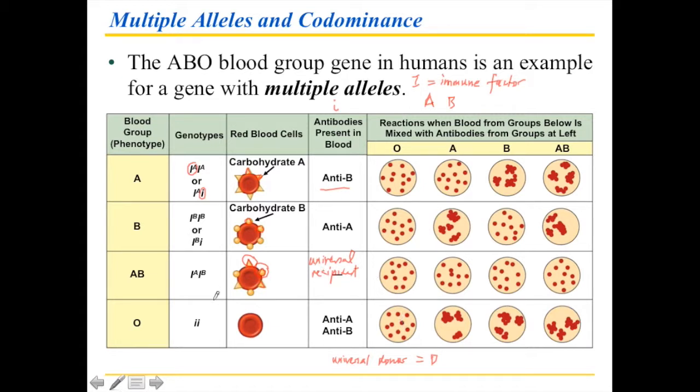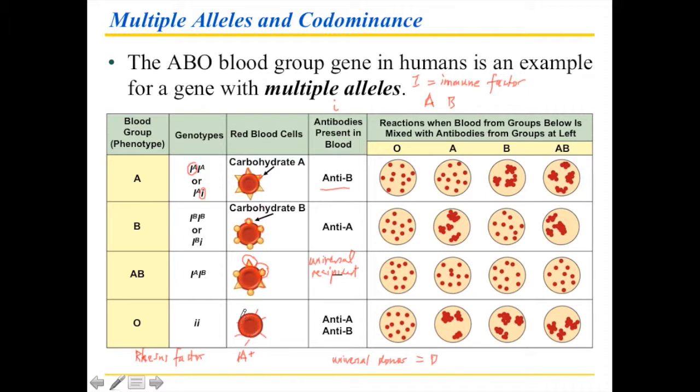Now, many of you know that there is also something with the plus and minus. There's some other thing called the rhesus factor. So if you're A positive, well, you have this additional gene, this rhesus factor, and that puts up little things as well.